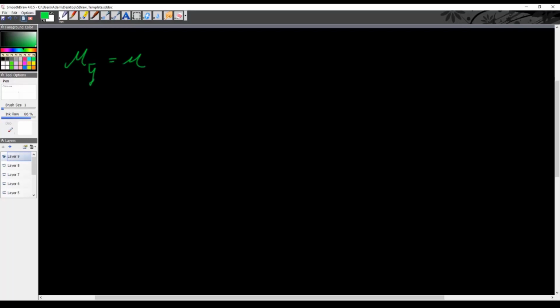So if I take the sampling distribution of the mean, the average of all the sampled means is going to equal the true average, and the standard deviation is going to equal sigma divided by root n.